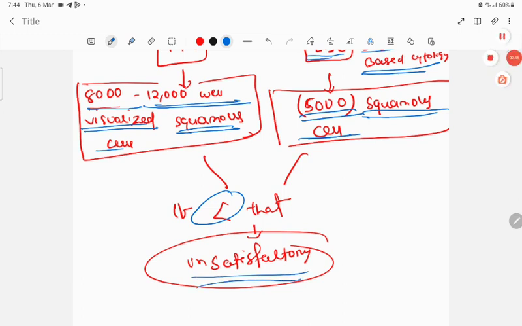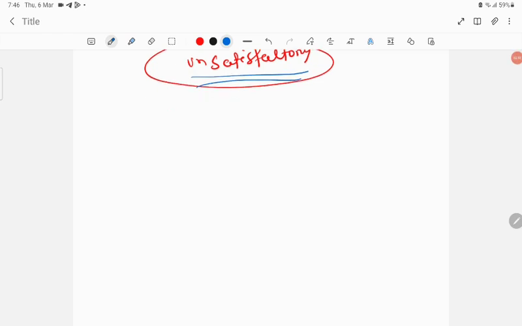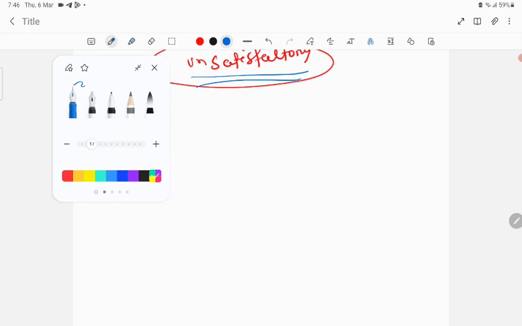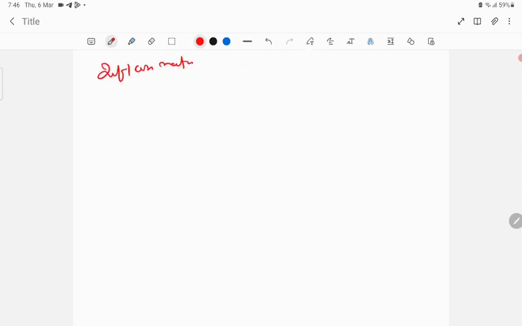Another reason to call it unsatisfactory is if it is partially or completely obscured, because of infections, debris, inflammations, where the squamous cells become obscured. In that case, how will you tell the adequacy?